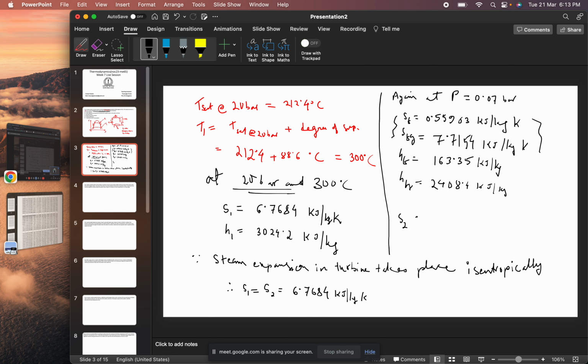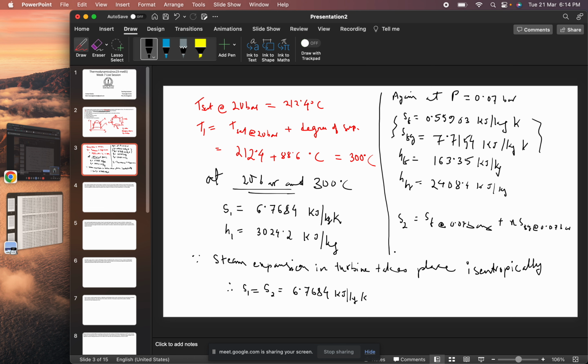That S2 will be what? SF at 0.07 bar plus x SFG at 0.07 bar.